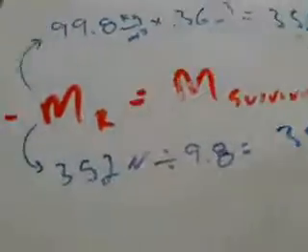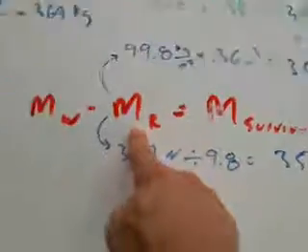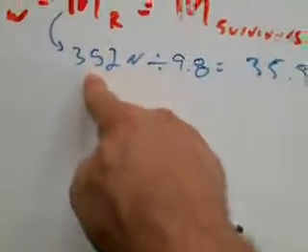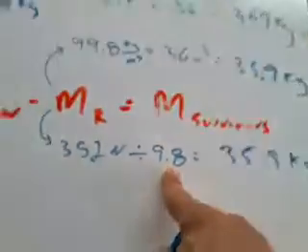Those are two different ways of getting the mass of the raft. That's what I was trying to show you. That's the mass of the raft, mg divided by g.